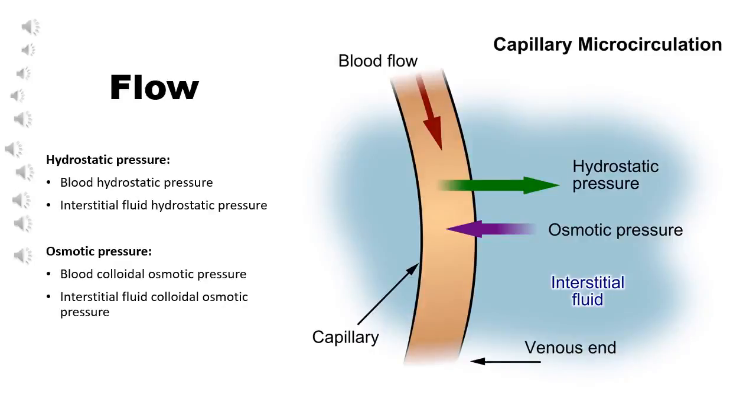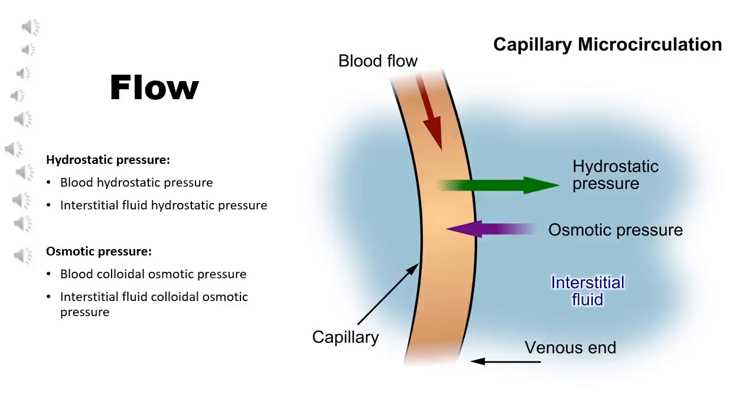So, hydrostatic pressure. Hydrostatic pressure is the primary force driving fluid transportation between the capillaries and tissues. Hydrostatic pressure can be defined as the pressure of any fluid enclosed in a space. So we're going to have blood hydrostatic pressure and capillary hydrostatic pressure.